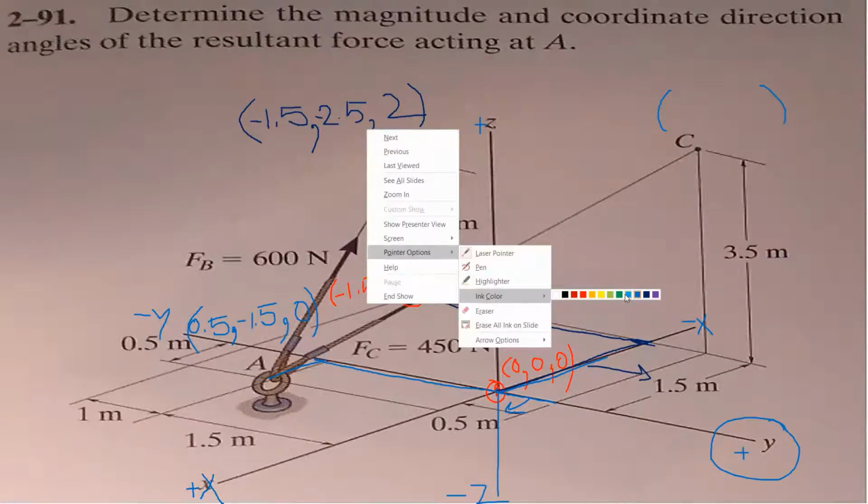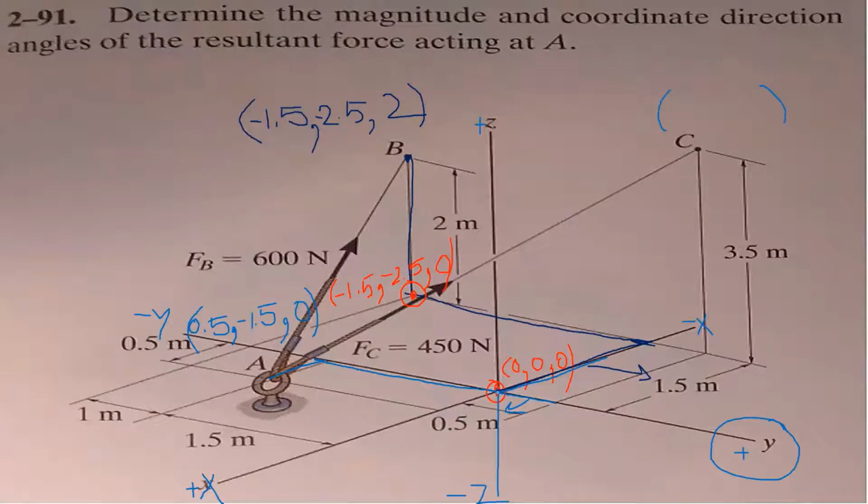So when you move from here till here, you have covered the distance of 0.5 meter parallel to positive y-axis. So your value for the positive y-axis is 0.5. Then you have to move in this way, parallel to negative x-axis. So this value will be minus 1.5, because you have covered this distance.